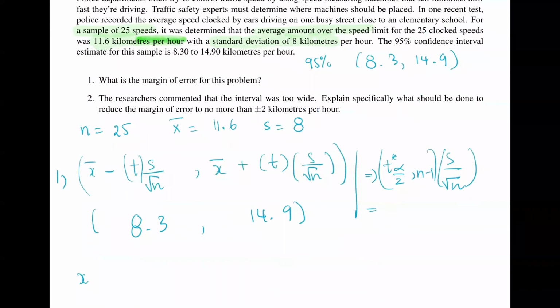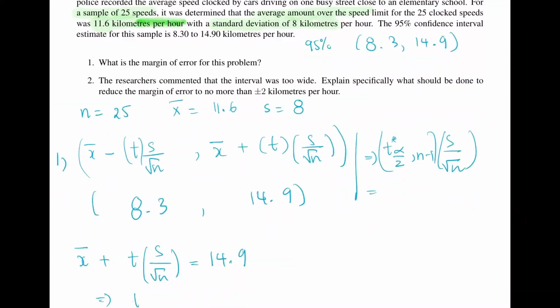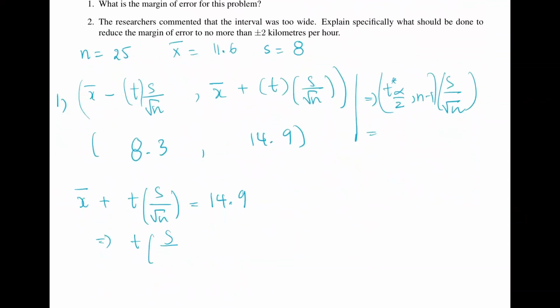So I have x bar plus t times s over square root n equal to 14.9, right? Which means that t times s over square root n equals, yes, you can do that, 14.9 minus x bar.